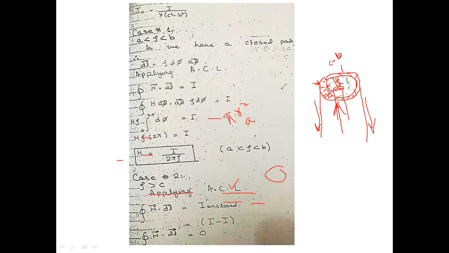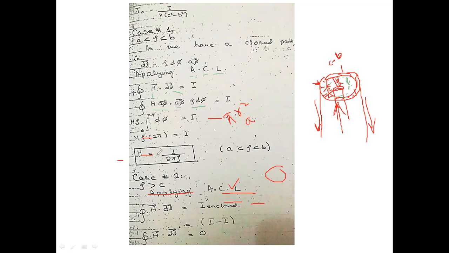Applying the Ampere circuital law, ACL, the closed integral of H dot dl is equal to I. H is equal to H in the direction of a phi, and dl is equal to rho d phi in the direction of a phi. The dot product will be equal to 1.